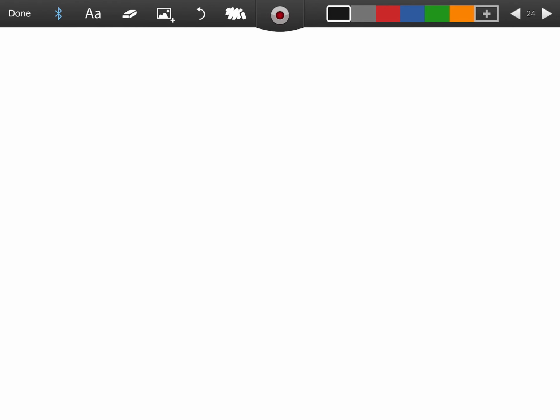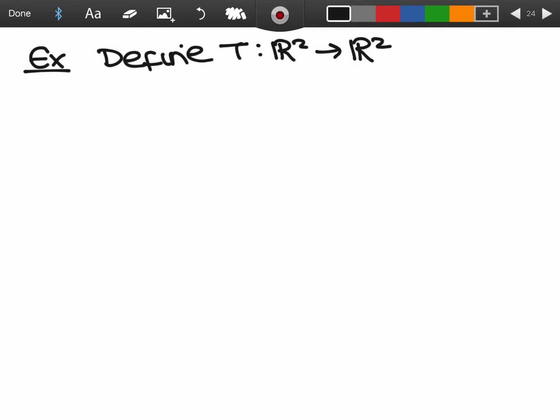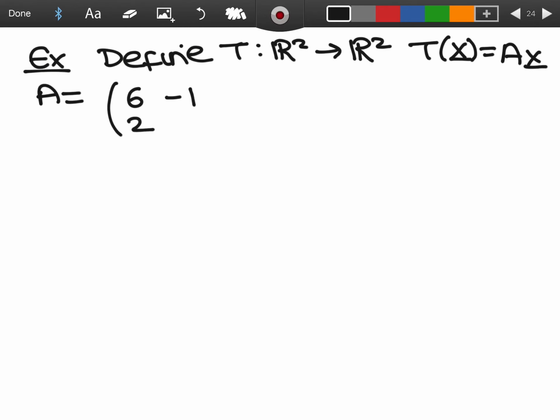Okay, let's do a quick example that looks at this. Let's define T that goes from R squared to R squared as T of X equal to A times X. And I'm going to say that A is [6, -1; 2, 3].